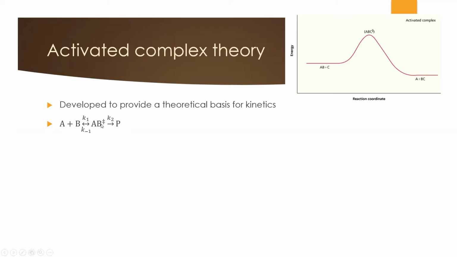And so the assumption here is that K1 and K minus 1 are much faster than K2, such that we reach an equilibrium before we make K2. Now, when we do this, we can define the concentration of this transition state intermediate based on the equilibrium constant. And then we have to divide by a standard concentration to keep our units balanced. And then we have A and B.